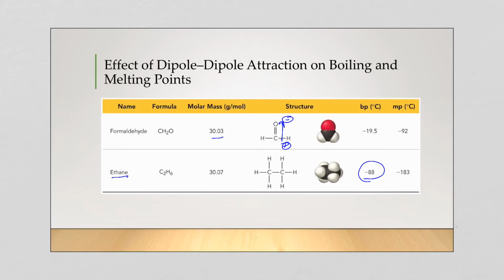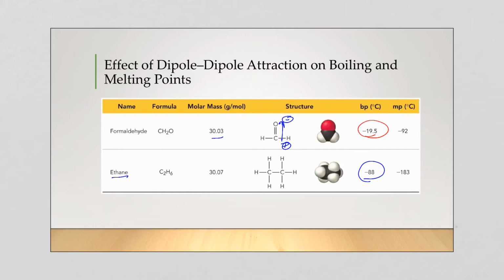And so this molecule, in addition to the dispersion forces, is going to have some dipole-dipole interactions. And here what we see is an increase in the boiling point of about 70-ish degrees. So those additional dipole-dipole attractions make it harder to separate the molecules, meaning you have to go to a higher temperature to boil them, to turn them into a gas.